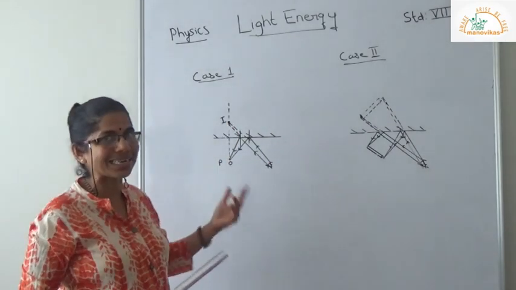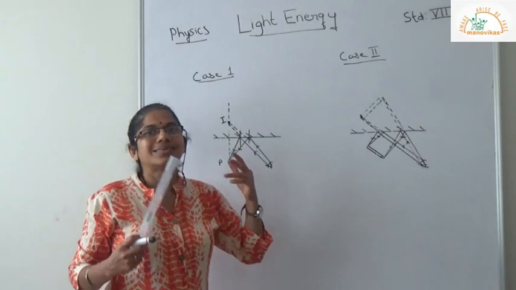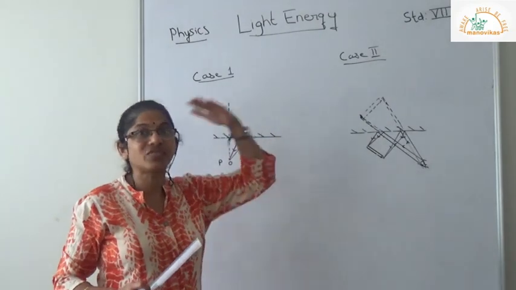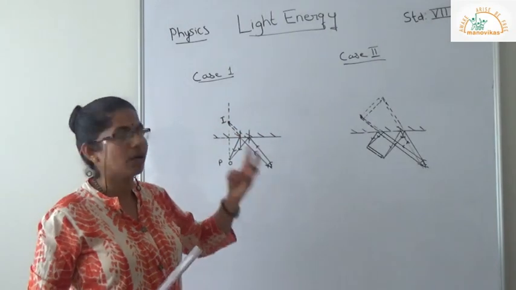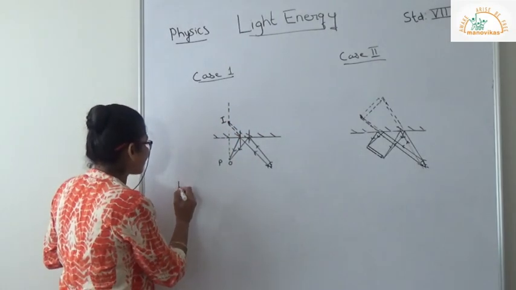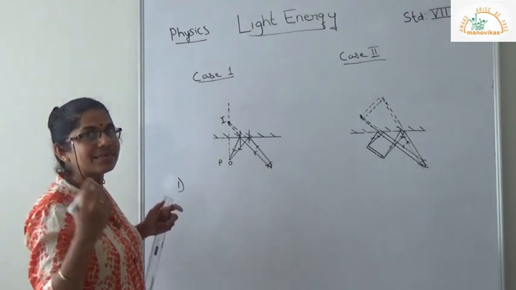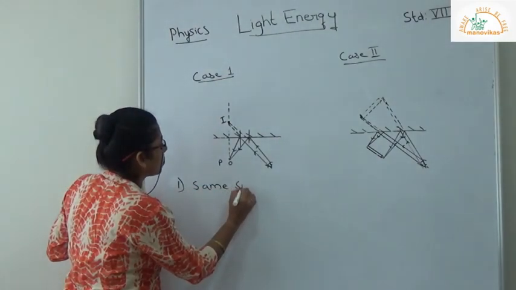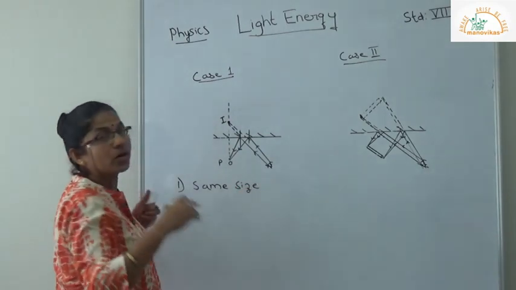Now we move on to the characteristics of the image that is formed in a plane mirror. Now what are the characteristics? So when you stand in front of a mirror, you can see yourself of the same size. Correct? So the first characteristic will be size is the same as that of the object.